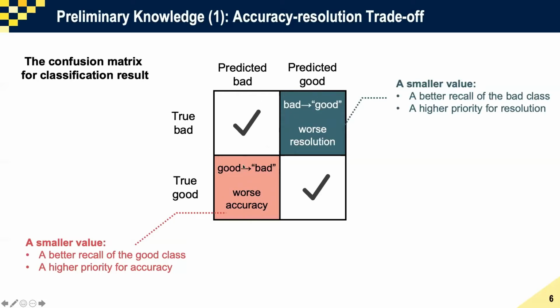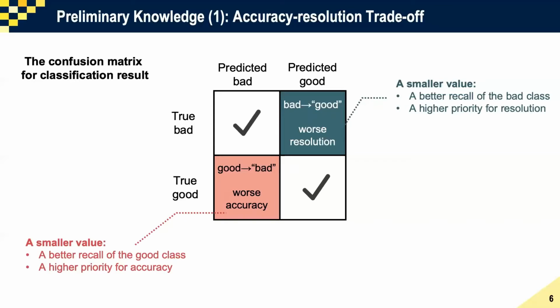The bottom left corner refers to the number of actual good candidates being mistakenly predicted as bad. So a high accuracy requires this number to be small. The top right corner, in contrast, represents the number of actual bad candidates being mistakenly predicted as good. Therefore, to improve resolution, this number should be small.